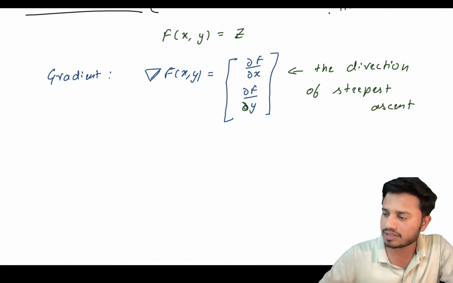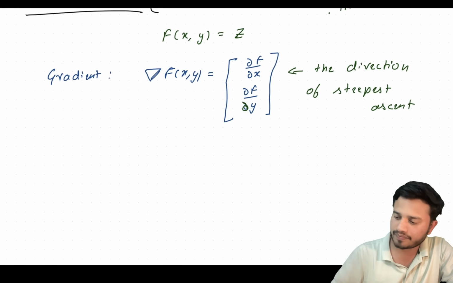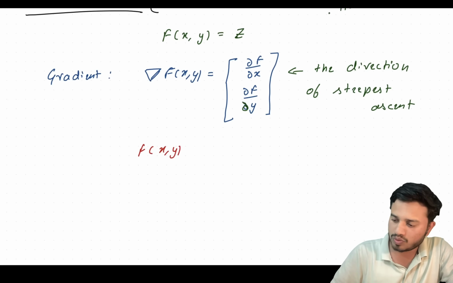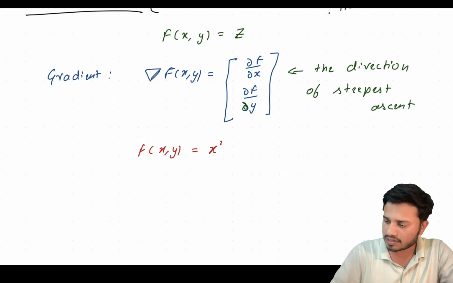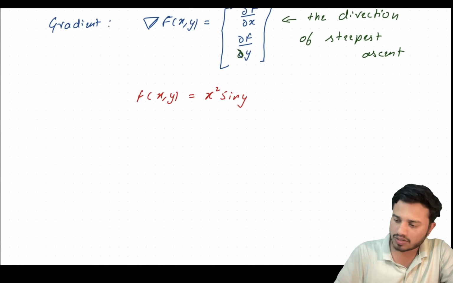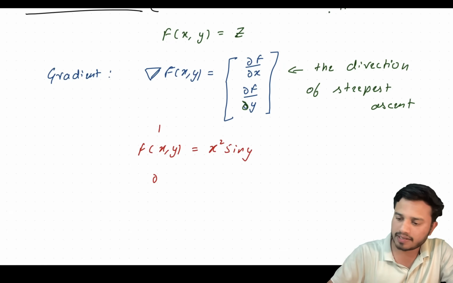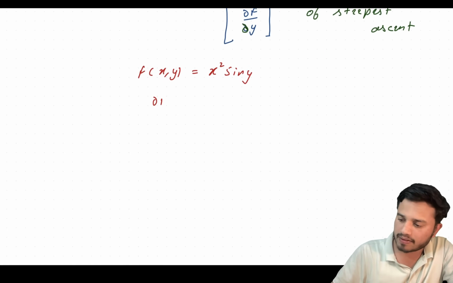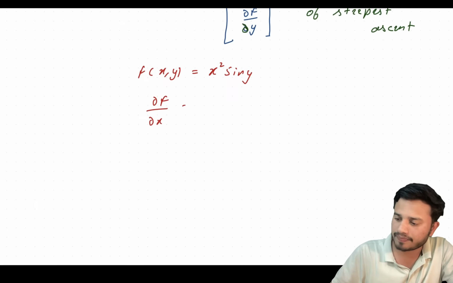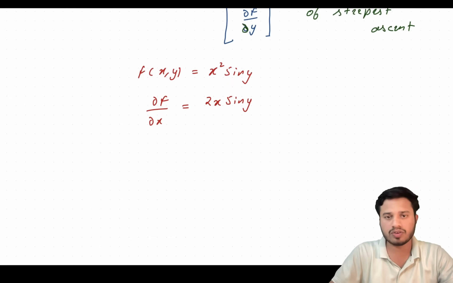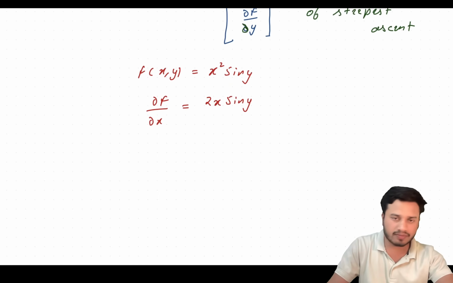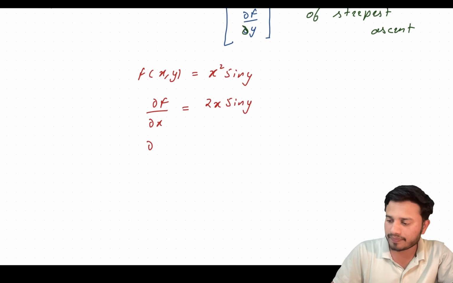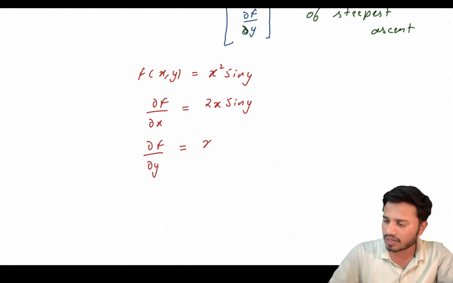Suppose you have a two variable function like x sine y. Treat the other variable as a constant and just take the derivative with respect to x, then do the same for y.